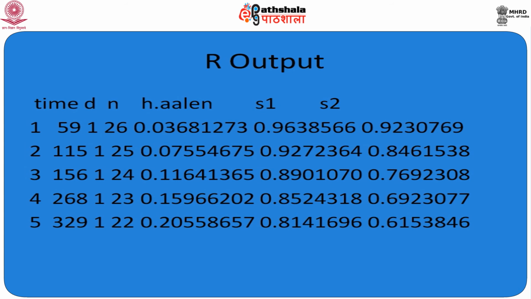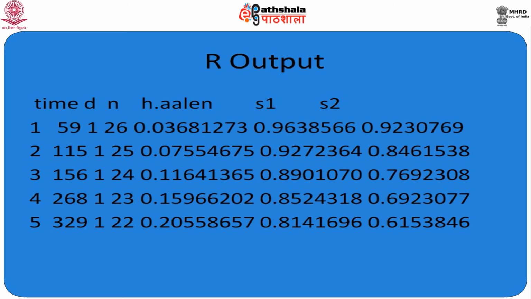So here the S2 is obtained through the survival Kaplan Meier estimations, and S1 obtained by the Nelson-Aalen estimator, and the corresponding h.aalen estimator, and time and number of patients died and number of patients at risk are given in this table.